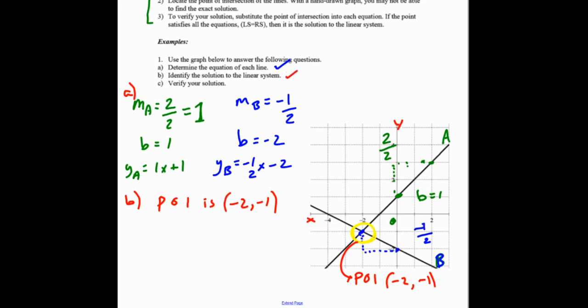There we go. And now we want to verify our solution. C wants us to do a check. So we're going to need some space here. We don't have a lot of space, but let's say line A and line B. We need lots of room here.